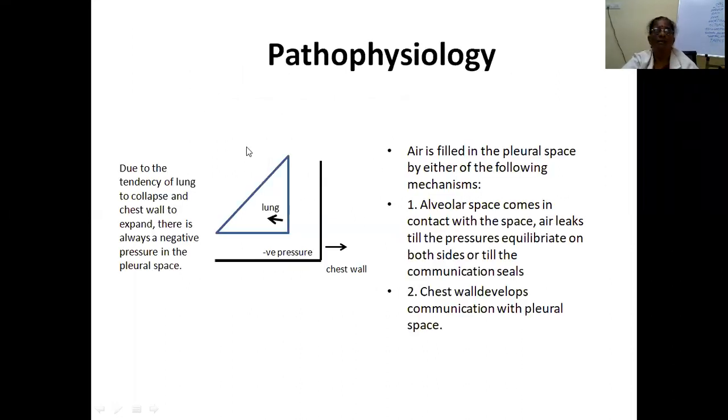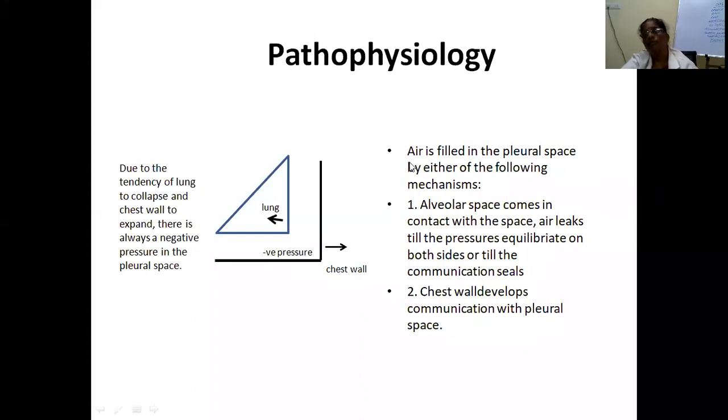Pathophysiology. There is always a tendency for the lung to collapse, and hence it produces a negative pressure in the pleural cavity. Similarly, the chest wall generally has a tendency to expand. So these two contradictory actions cause a negative pressure in the pleural space.